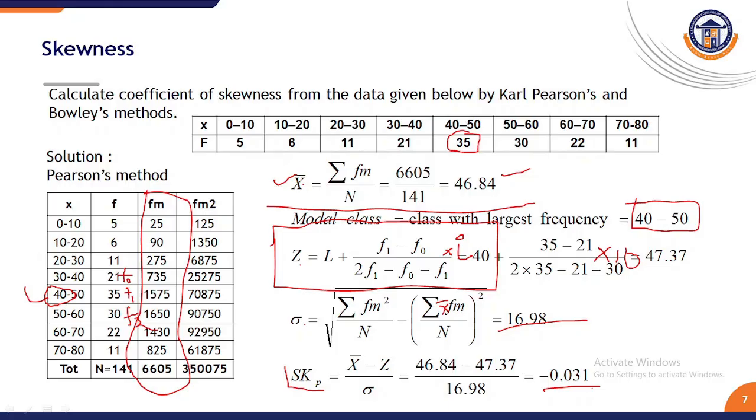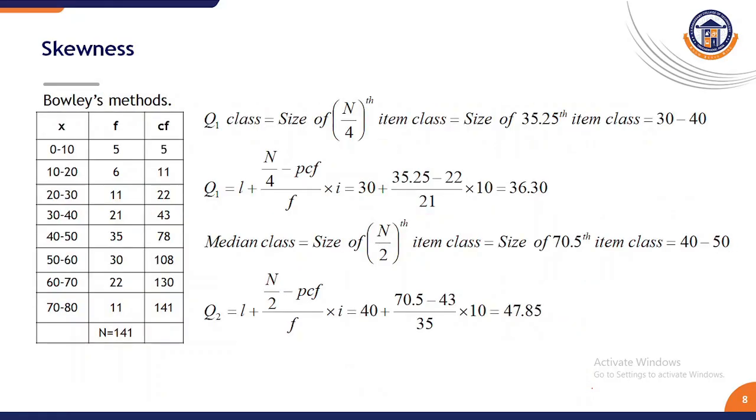So the same skewness by Bowley's method is explained here. For that we need the values of quartiles Q1, Q2, that is median, and Q3. For continuous case, Q1 class interval is obtained by using the size of n by 4th item.